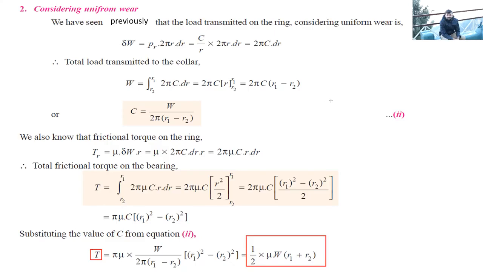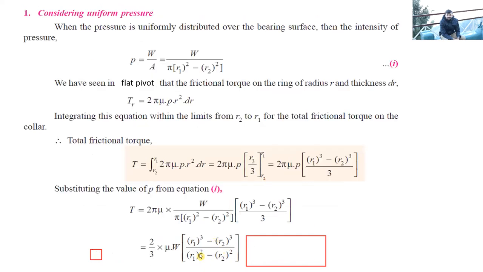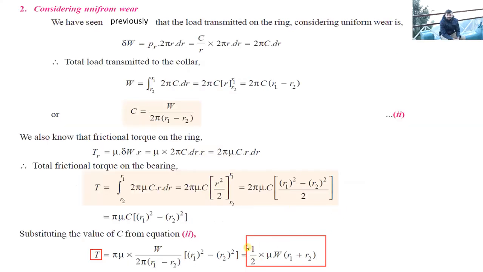According to uniform pressure theory, it was 2 by 3 mu into W (R1 cube minus R2 cube) upon (R1 square minus R2 square), and according to uniform wear theory, we have 1 by 2 mu into W (R1 plus R2). I hope this is clear to you.